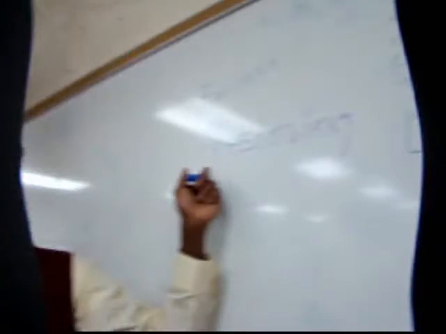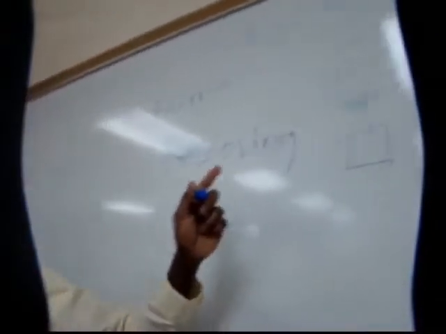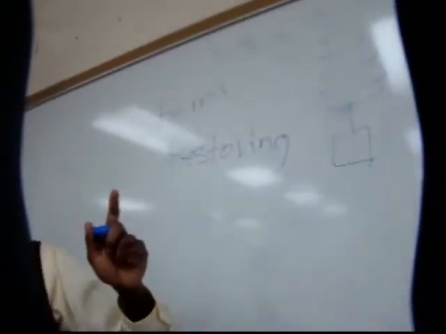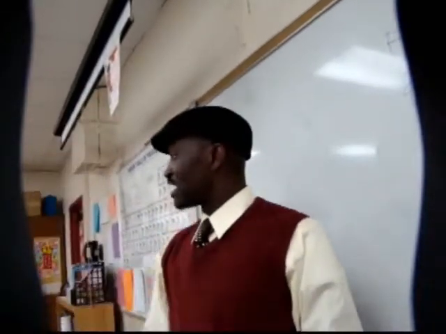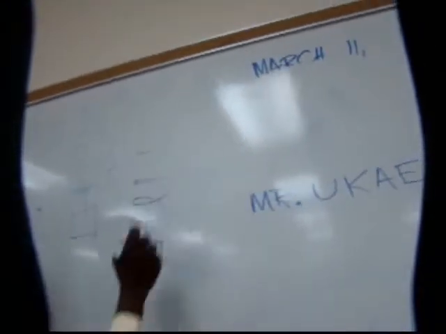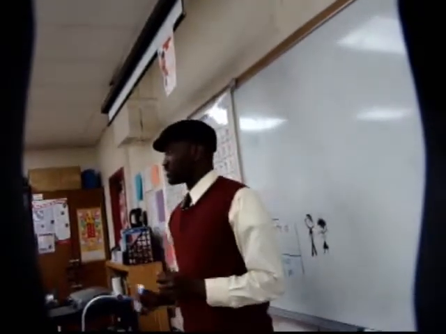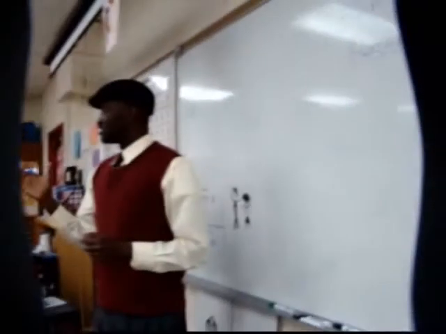Now, this restoring force is opposite to the direction of the applied force, which means if the applied force is coming this way, the restoring force is going the other way. Does that make sense? If you don't understand, please ask me.